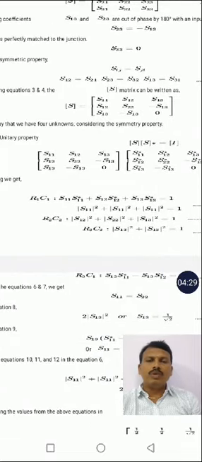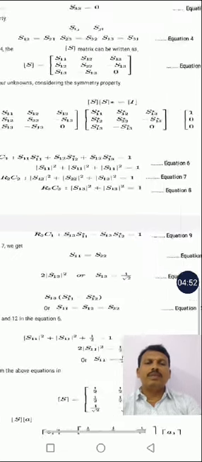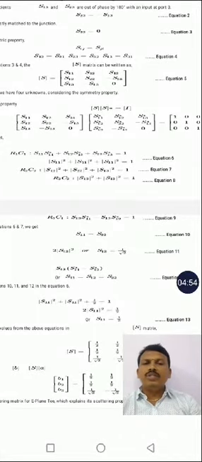From our 3-port network, we can equate the scattering parameters: S12 equal to S21, S23 equal to S32, and S13 equal to S31. These values are substituted in the general S matrix, and you will get the general S matrix changed into equation number 5.